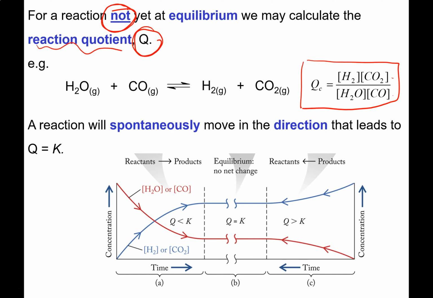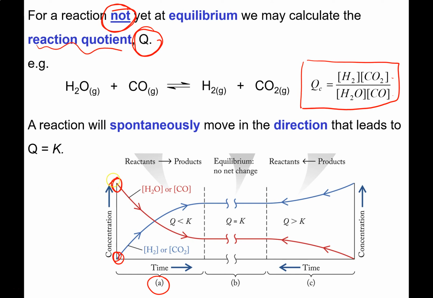Depending on the exact proportions of things when we first mix our reactants together, it's going to determine the value of Q. In this first case, case A, we're starting where we have no products and all reactants.